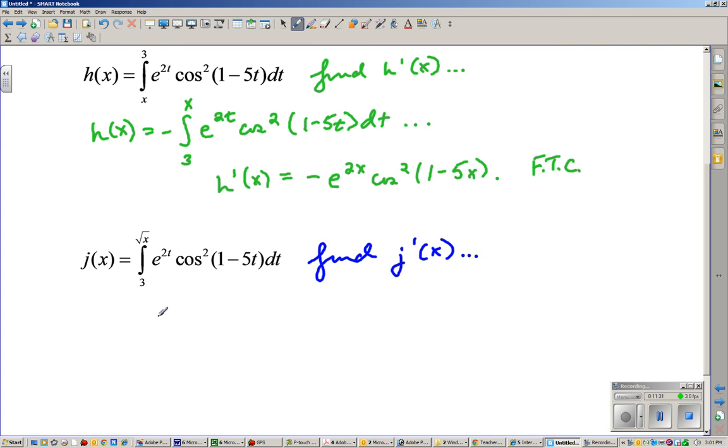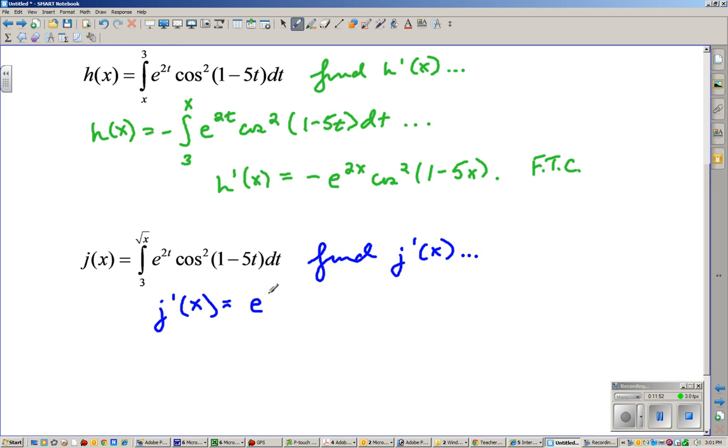So j of x is given. Let's talk about j prime x. And what we do here is we employ the chain rule. We say, well, we've got from 3 to whatever, so we're going to put whatever in.